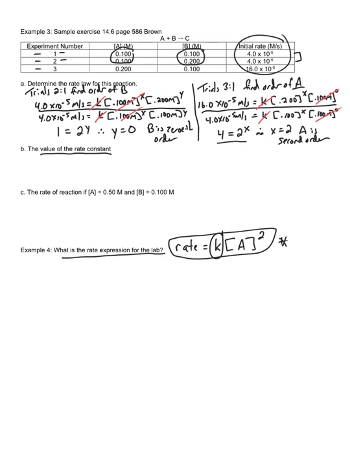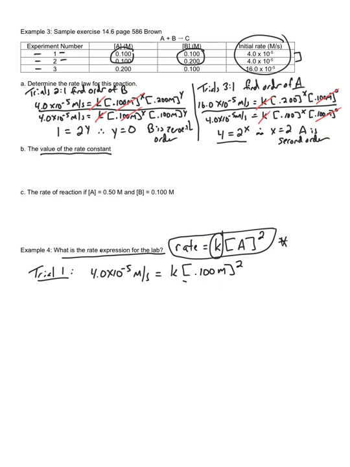All right, so let's go ahead and do that. Let's pick trial 1. So in trial 1, 4.0 times 10 to the negative fifth molar per second is the rate. I don't know K. The concentration of A in trial 1 was 0.10 molar, squared, because it's second order. B we don't plug in because it's 0th order, doesn't affect the rate law.